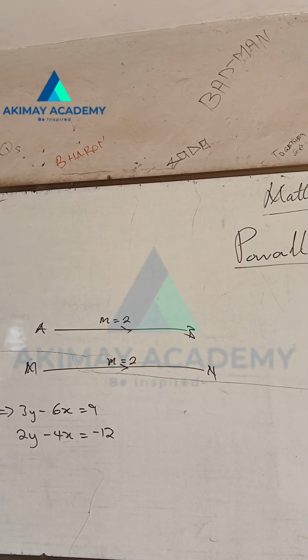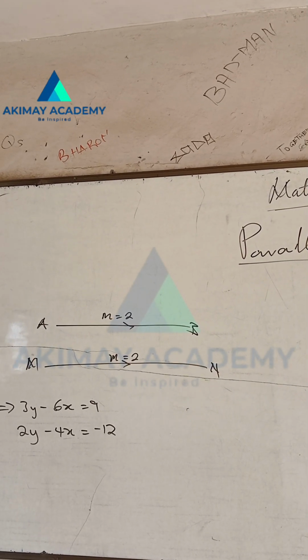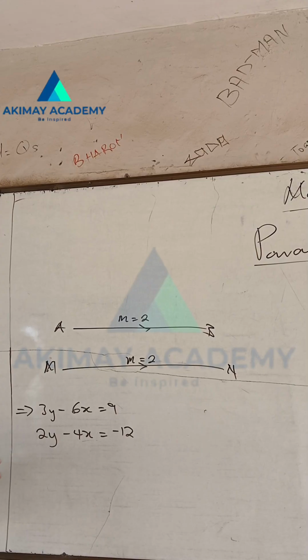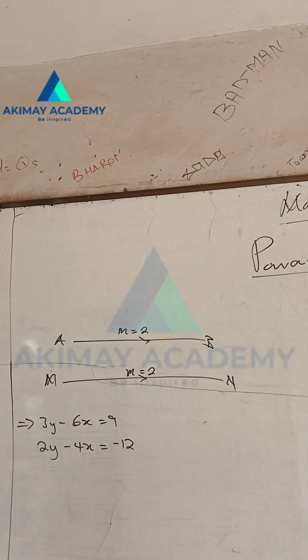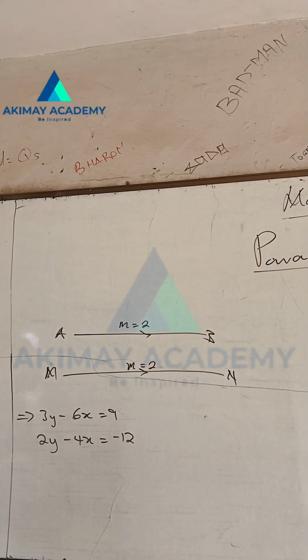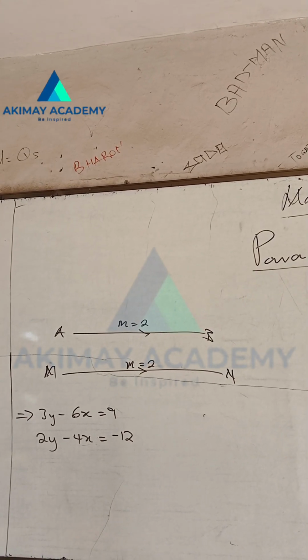If we check these two lines, we can determine whether they are parallel or not. How do we do it? We have to check their gradients. If their gradients are the same, then automatically these two lines are parallel.